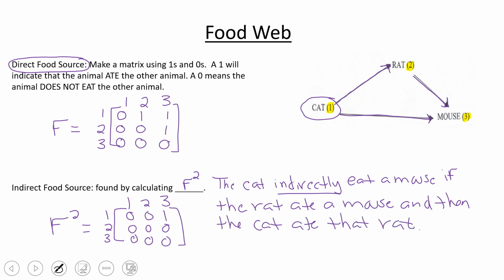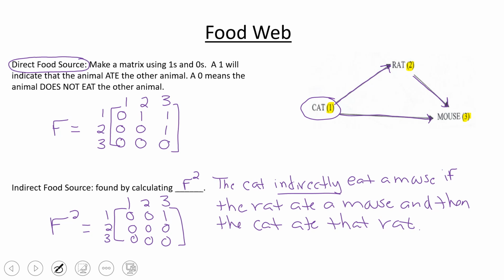So indirectly, the cat is eating the mouse. It can also directly eat the mouse, but it can also indirectly eat the mouse if it eats the rat that ate the mouse. So it's like one of those trickle effect kind of deals.